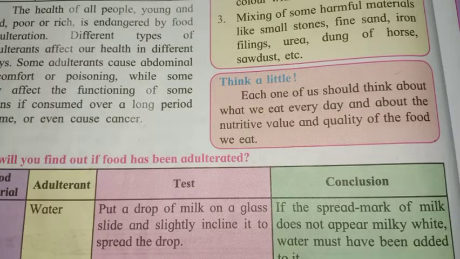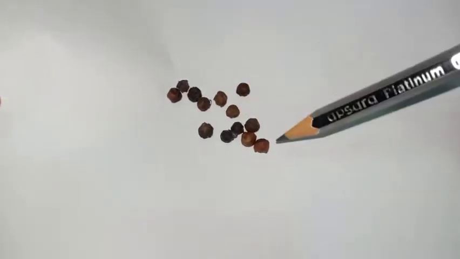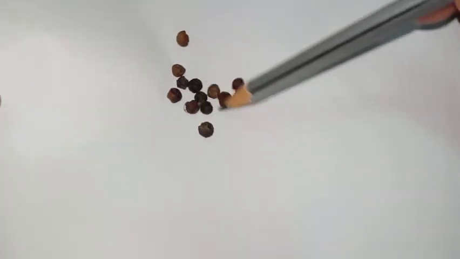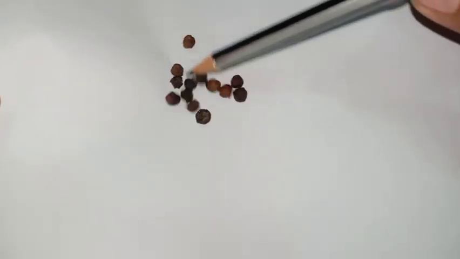Because of all these, each one of us should think about what we eat every day and about the nutritive value and quality of the food we eat. Now children, I will show you some food adulterants. As I told you, papaya seeds are added as an adulterant in black pepper. Look at this.